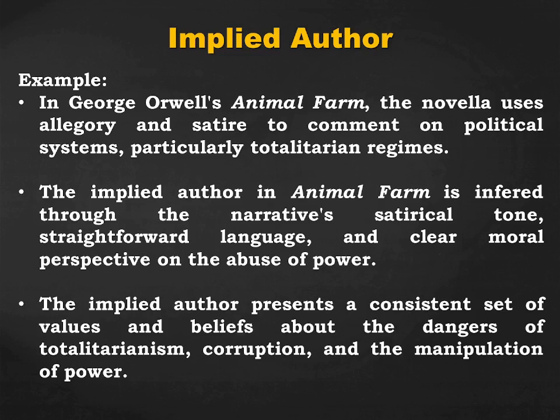Animal Farm, as you know, is a dystopian novel where the animals turn out to be the rulers, and finally what ends up is a kind of totalitarian regime or system. Actually, this novel uses an allegory, and it is a satire to comment on political systems, particularly the totalitarian systems of government or regimes.